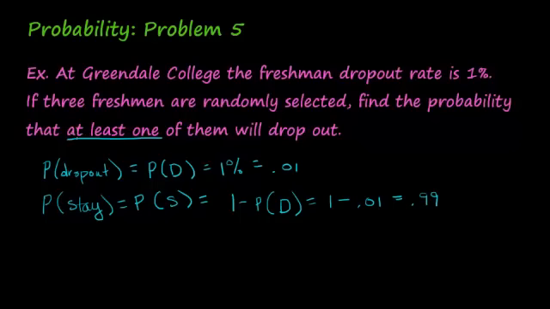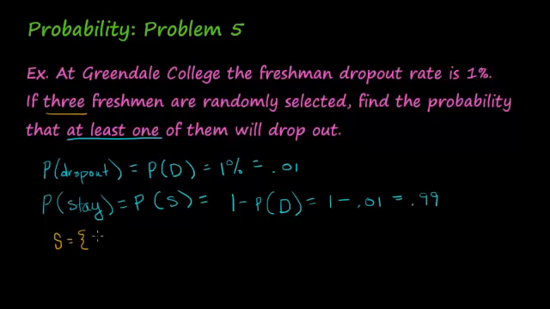Well, we're interested in finding out the probability, out of 3 freshmen that have been selected, that at least one of them will drop out. Well, let's think about our sample space for this. So we've got the 3 students, and we've selected them, and then we find out the next fall who's there and who's not.